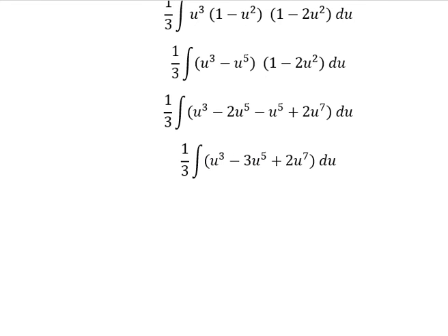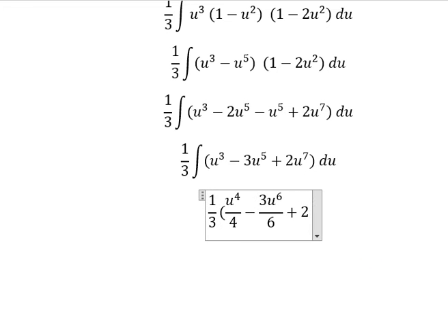And now we got the final answer. The integral of u to the power of 3, you will got u to the power of 4 over 4. The integral of u to the power of 5, you got 3u to the power of 6 over 6.